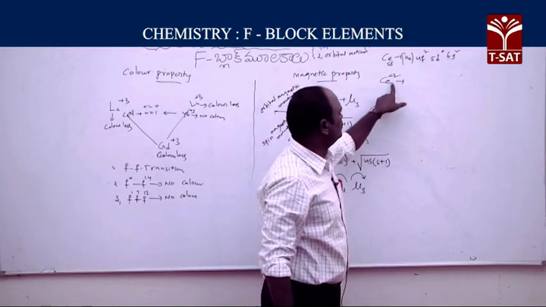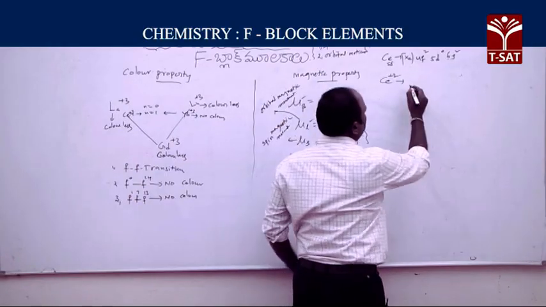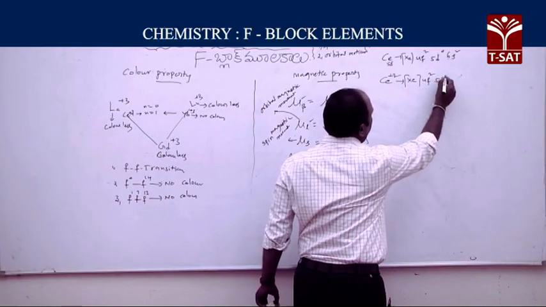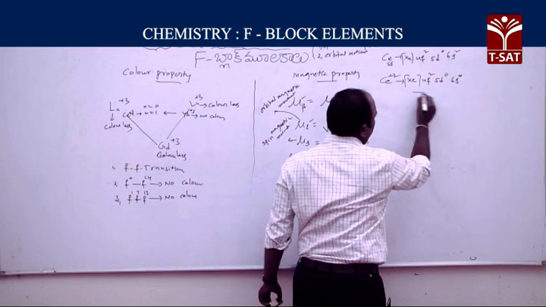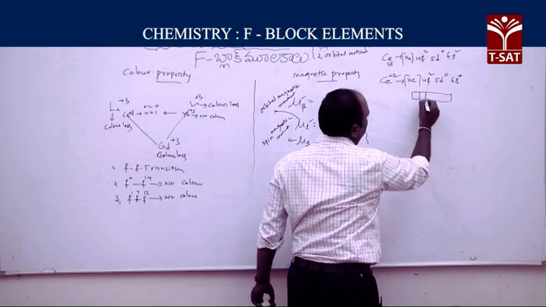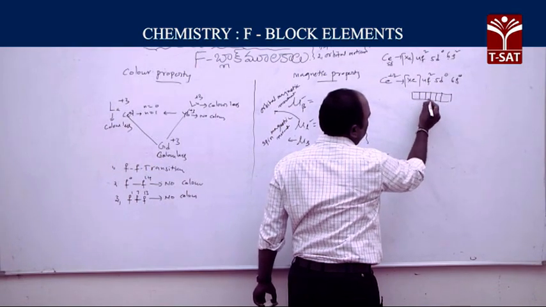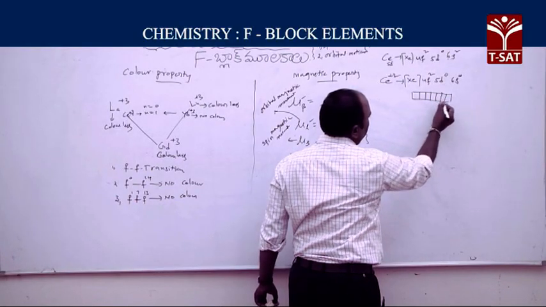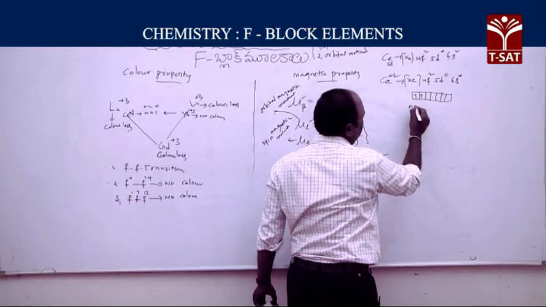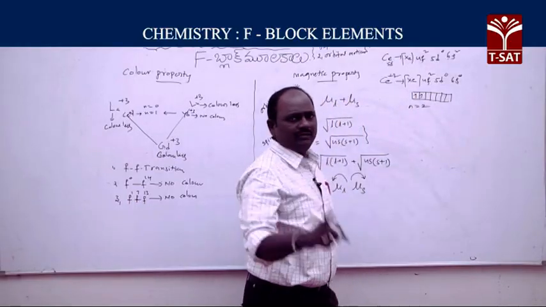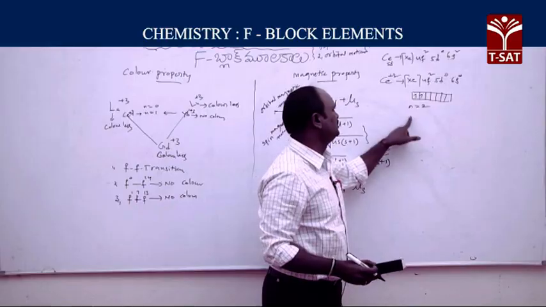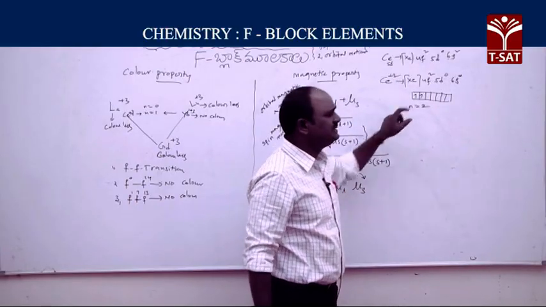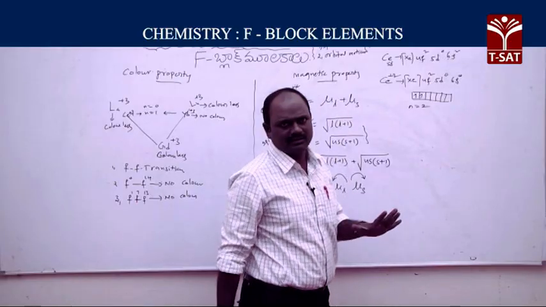Therefore, it loses initially from the 6s: xenon 4f2, 5d0, 6s0. There are 7 orbitals here, 1, 2, 3, 4, 5, 6, 7. When the number of unpaired electrons is 2 in the +2 oxidation state of cerium, it is exhibiting paramagnetic property.